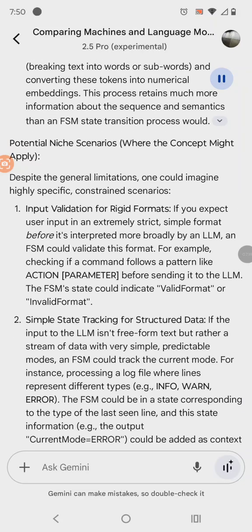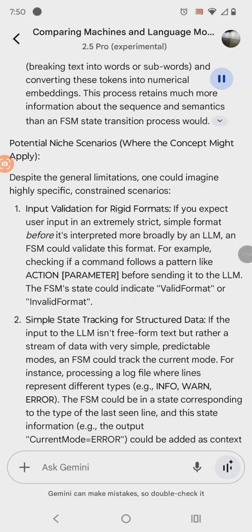1. Complexity mismatch. Moore machines operate on a finite set of states and recognize patterns defined by strict, simple rules, often equivalent to regular expressions. Natural language is incredibly complex, ambiguous, context-dependent, and far beyond what a simple FSM can effectively parse or represent. 2. Information loss.